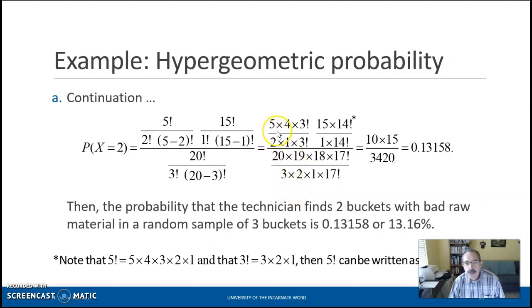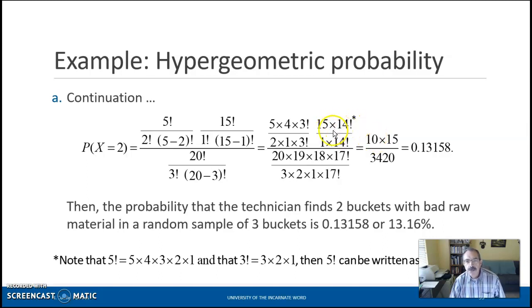So that's what I did right here. So I wrote 5 times 4, 3 factorial. In the denominator, I have 2 factorial, which is 2 times 1, and 5 minus 2 is 3 factorial. These 3 factorial cancels with 3 factorial, and I'm left with the operation of 5 times 4 is 20 divided by 2. That's the 10 I get here.